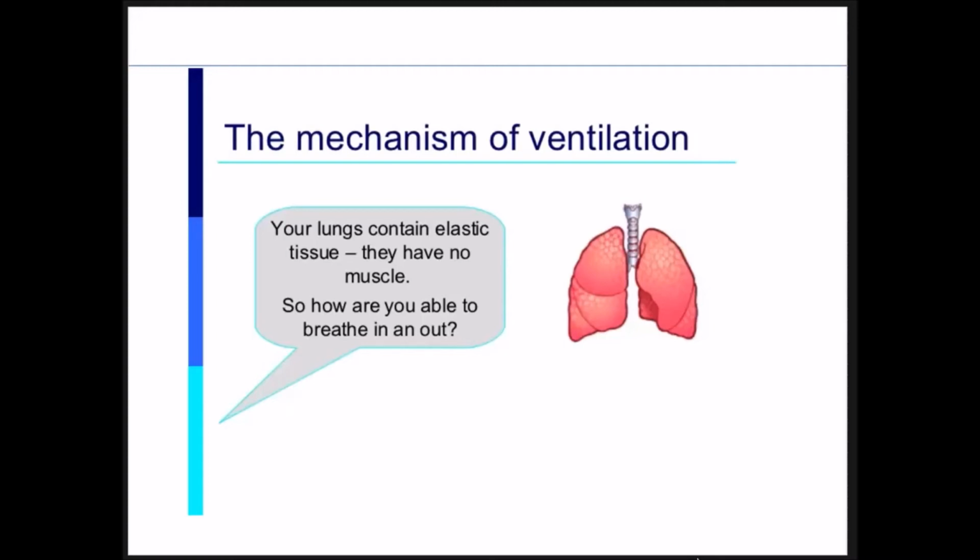Now let's talk about the mechanisms of ventilation. First, with this question here, we want to understand about our lung tissue. We know lung tissue is capable of contraction in a similar fashion to muscle, even though the lung is not made of muscle. So the next question is, how are we able to breathe in and out?